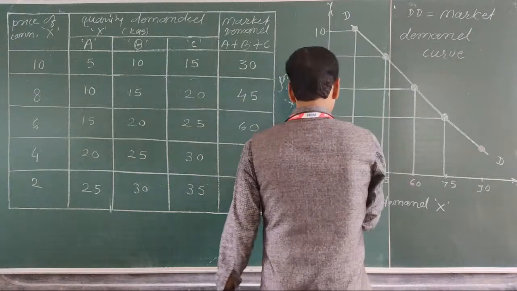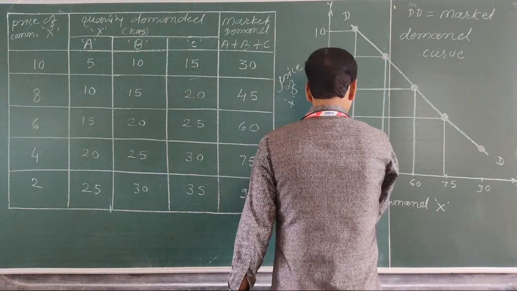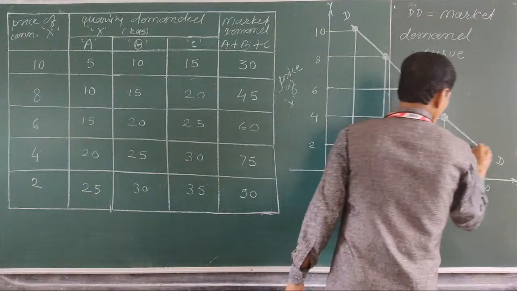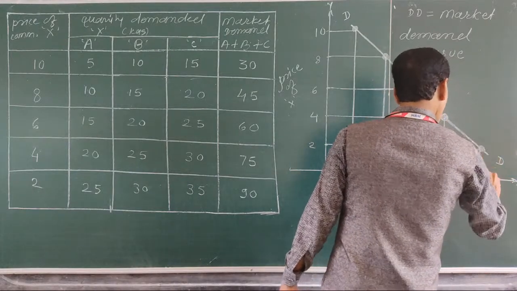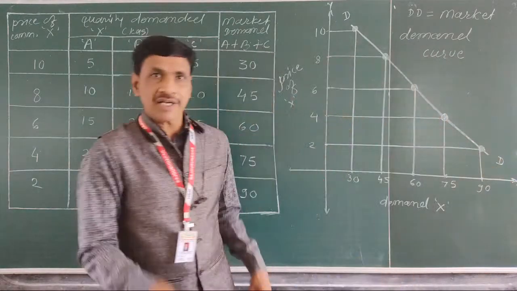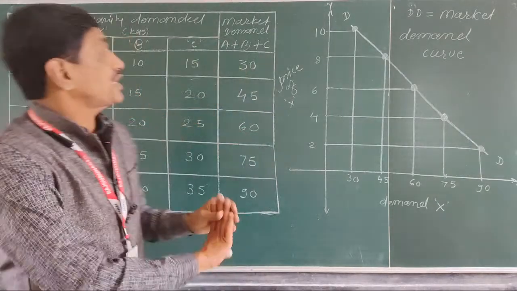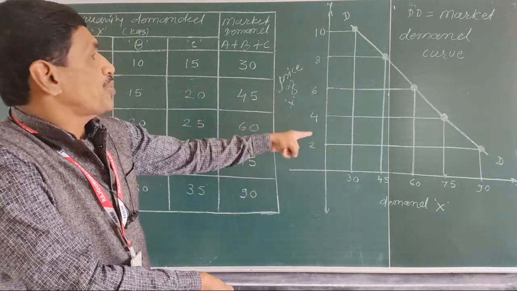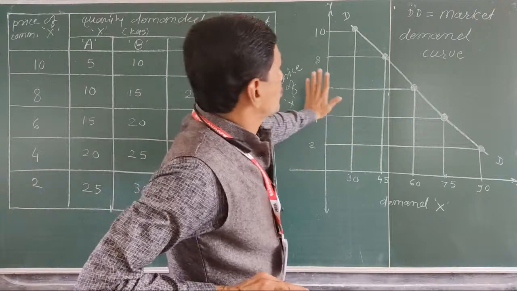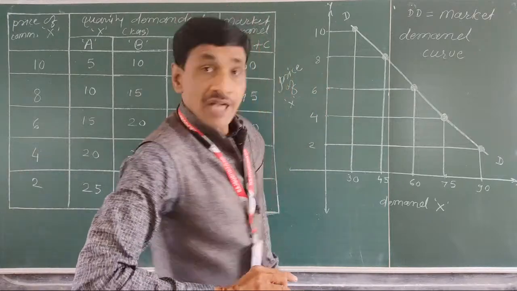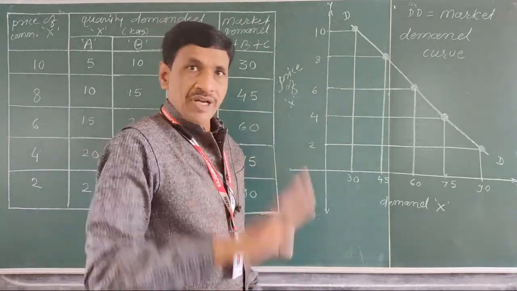Then 2, 90. Complete the diagram. Is that clear? अशा पद्धतीने तुम्ही व्यवस्थितपणे जोडून हे एकदम अशा पद्धतीने सुटसुटीत डायग्राम आला पाहिजे. आणि नाही समजला डायग्राम तर तुम्ही मला विचारू शकता.